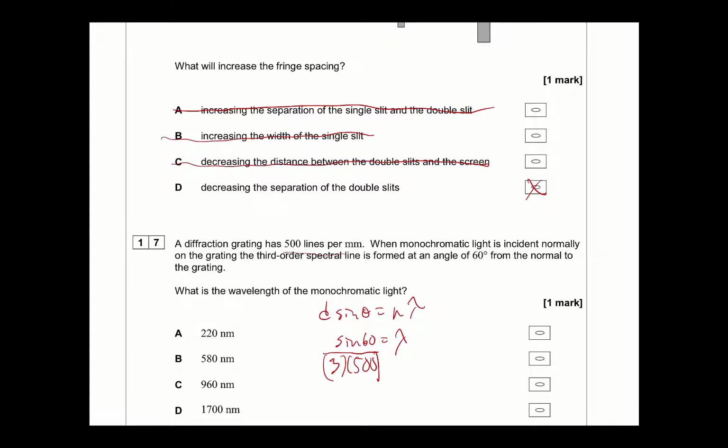Where have I bonkered this up? Oh, lines per millimeter. Times 10 to the 3. Okay. But either way, 577, so 580 nanometers.